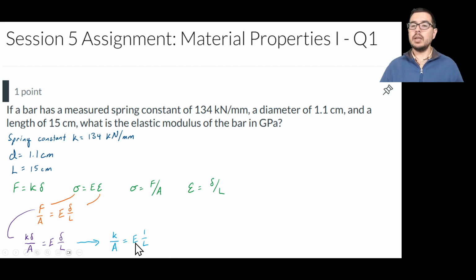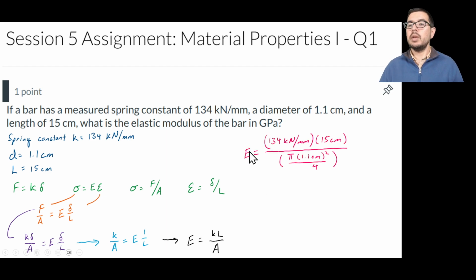Rearranging things such that we can get E, the elastic modulus, we multiply both sides by L. And this is the expression: the elastic modulus is going to be the spring constant K times the length of the bar divided by the bar's cross-sectional area. We can then write out the expression for E with the parameters that we've been given, K, L, and A.